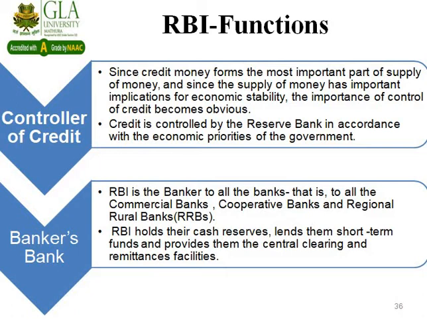And since the supply of money has important implications for economic stability, the importance of credit control becomes obvious. So this credit control is one of the major central functions performed by RBI. Credit is controlled by RBI in accordance with the economic priorities of the government.